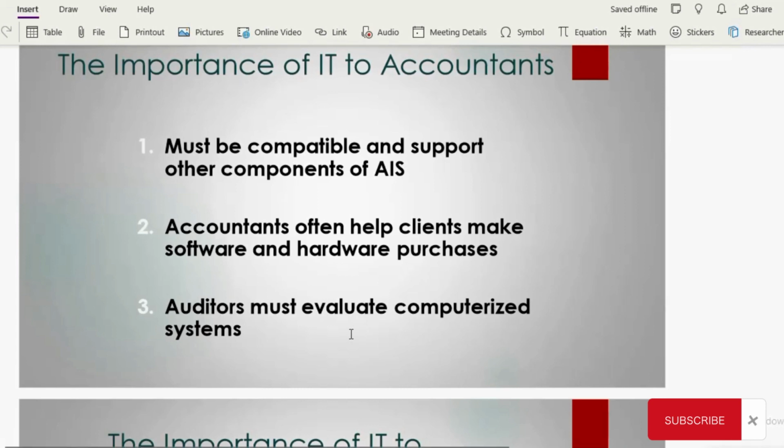Auditors must evaluate the computerized system. Now auditing is one of the major areas of accounting, or you can say accounting is authenticated or guaranteed by the auditors. So accountants should be very careful, and they should know that auditors are also going to evaluate the computerized systems.